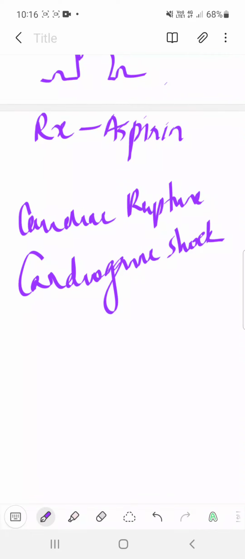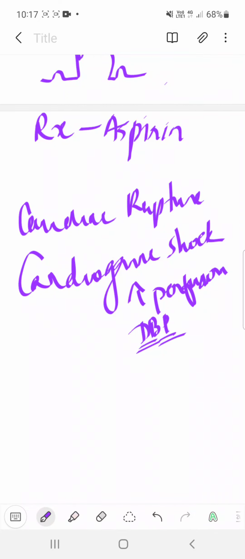So we have to improve the coronary perfusion. Perfusion occurs in which phase? In diastole. So we have to increase the diastolic blood pressure. What you actually give is norepinephrine.